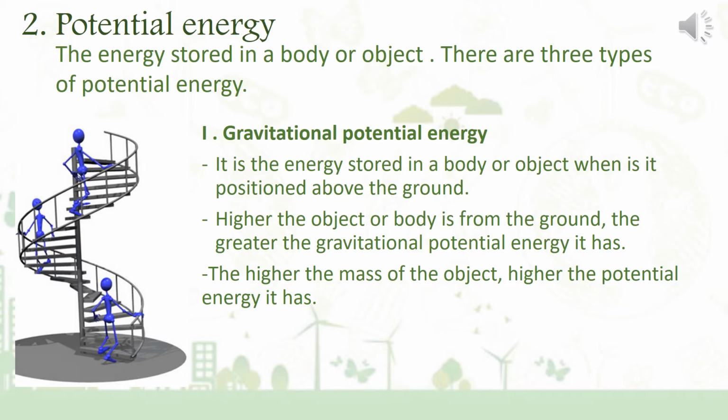So, for the gravitational potential energy, not only the height but also the mass directly affects that energy. So the height and the mass directly affect the gravitational potential energy.